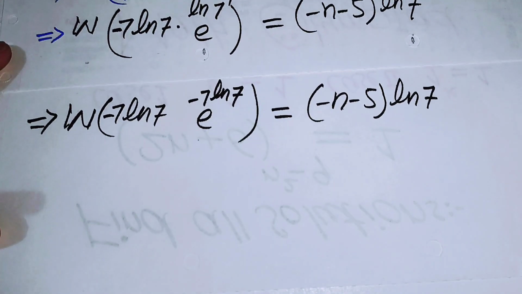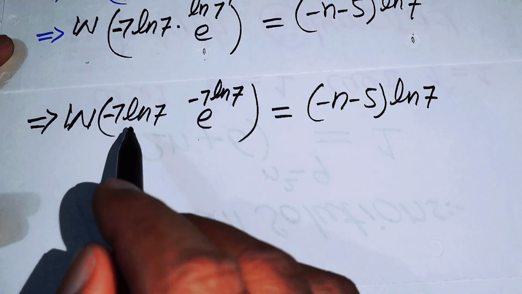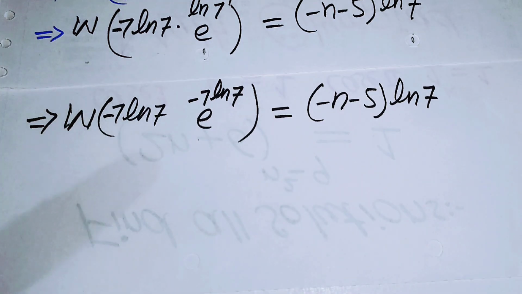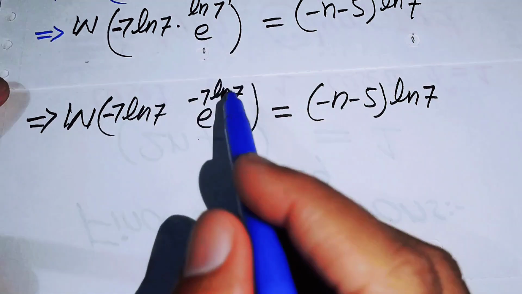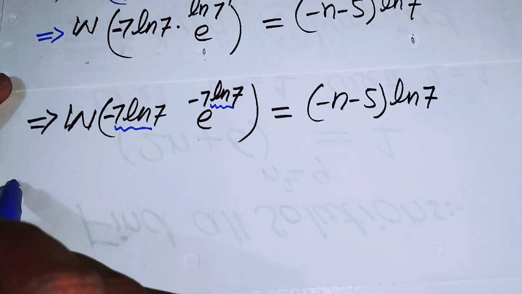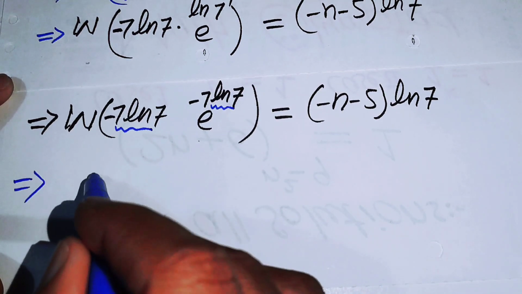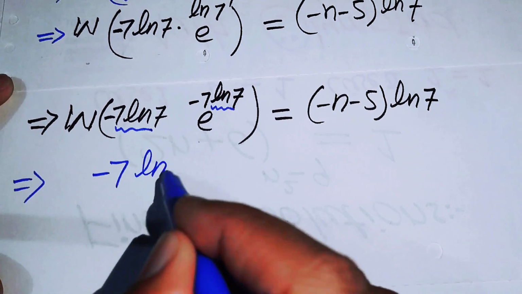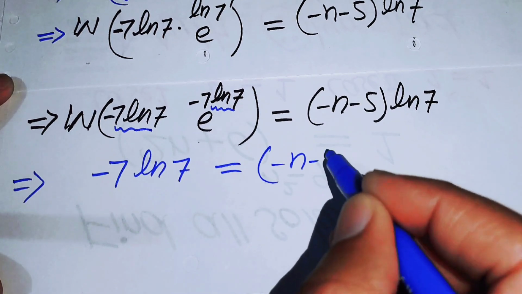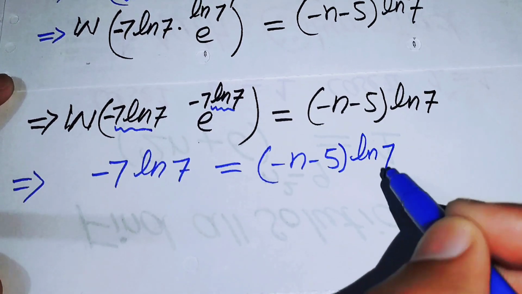So here you see that we again have our function in the Lambert W form. You have the exponent of e being minus 7 times log 7, and it is multiplied by it here, so that its output will be in this form: minus 7 times log 7 equals minus n minus 5 times log 7.